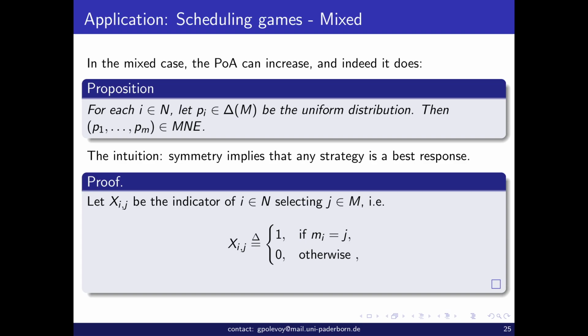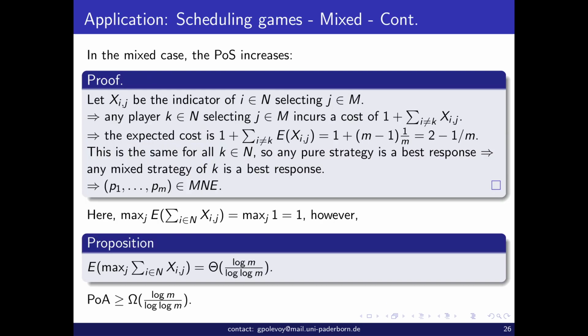let x_ij be the following indicator variable. It indicates that player i selects machine j. So if the event m_i equals j takes place, the random variable receives the value of 1, and otherwise, meaning m_i is not equal to j, that random variable is 0.